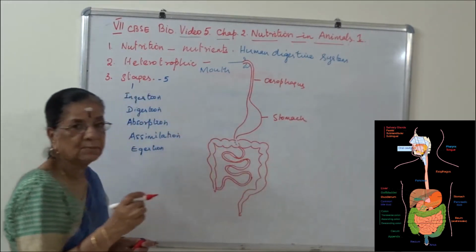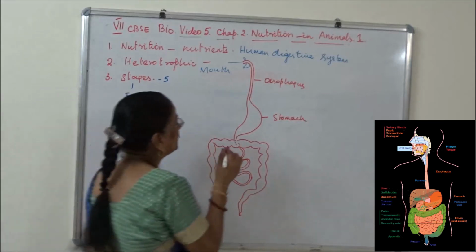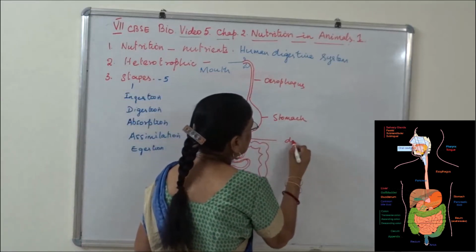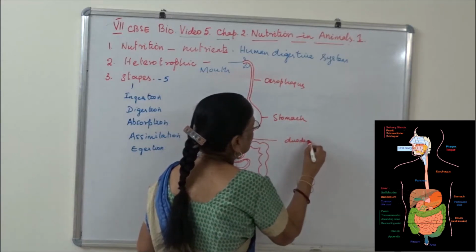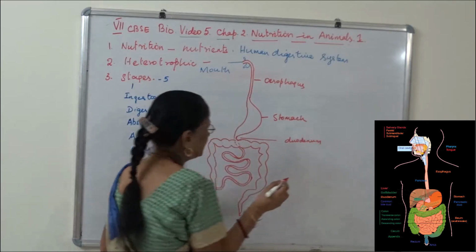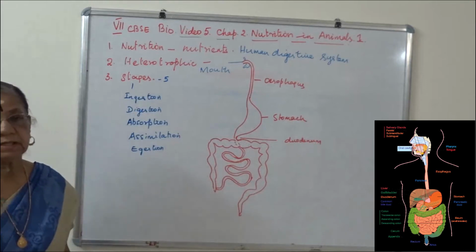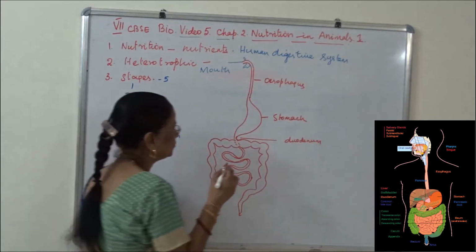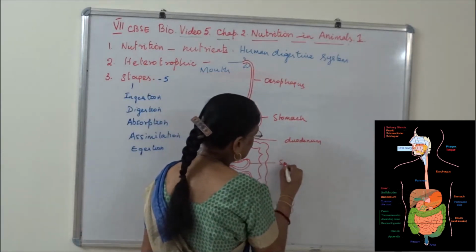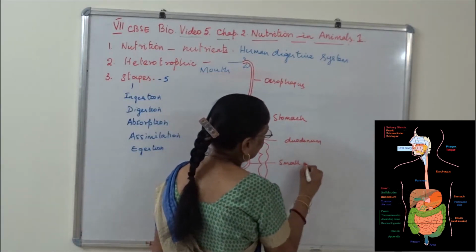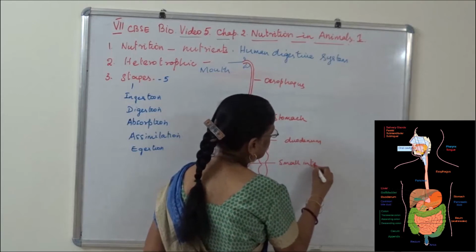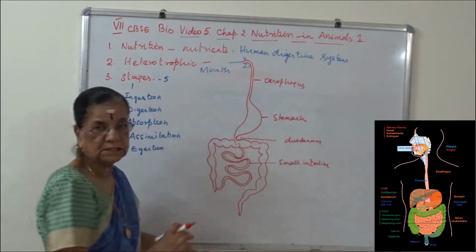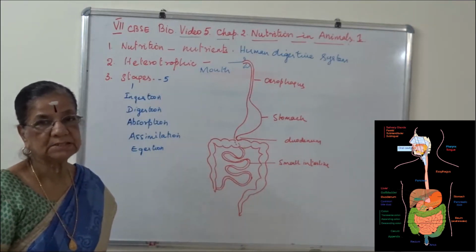The stomach is followed by a small U-shaped duodenum, which is included under the small intestine. Okay? And then this is the small intestine, and this bigger J-shaped one is the large intestine.